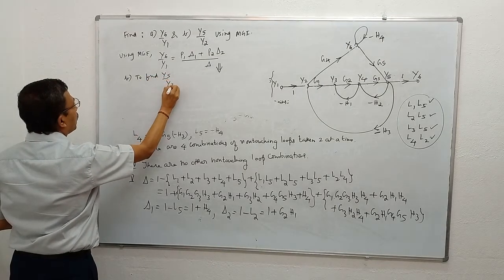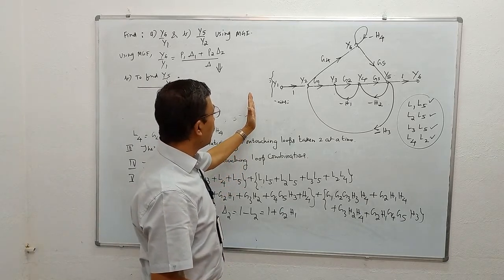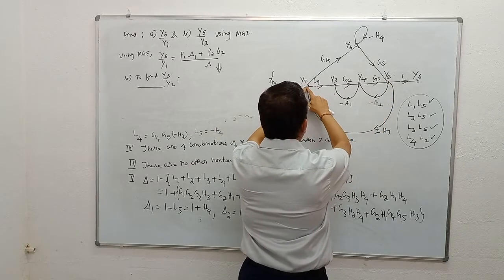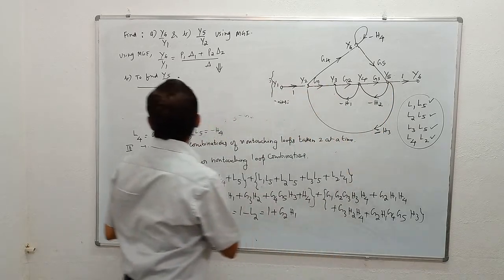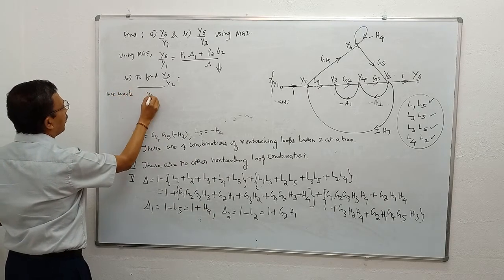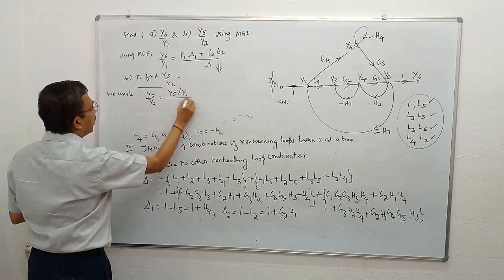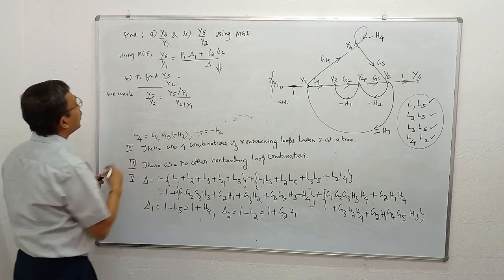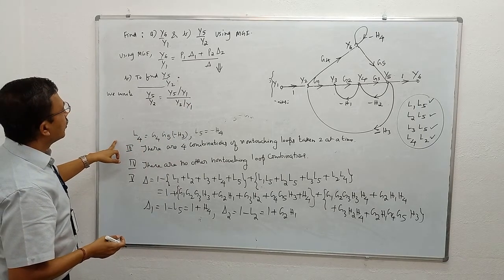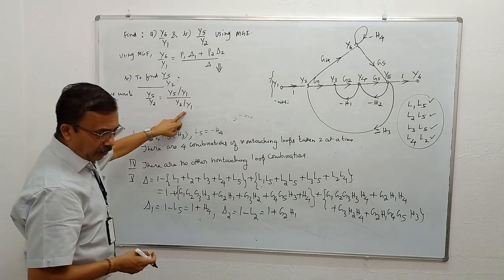Part B, I want to find y5 by y2. Mason's gain formula cannot be used when the position of the input is altered. That means you cannot use it to find y5 by y2. So what we do is write y5 by y2 is equal to y5 by y1 divided by y2 by y1.